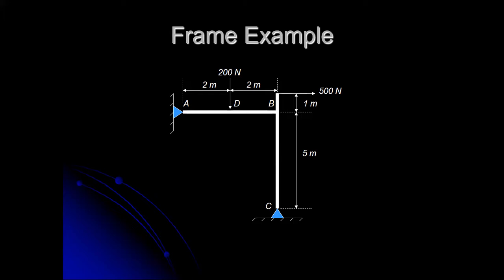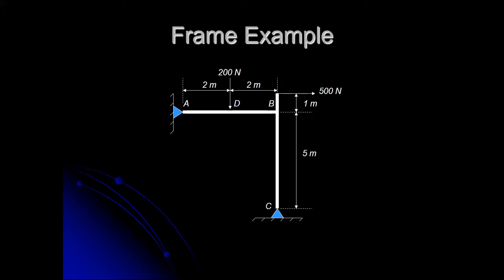In this problem, we have a total of 6 unknowns. 2 unknowns at A, the X and Y direction reactions at A, 2 unknowns at C, the X and Y direction reactions at C, and 2 unknowns at B, those X and Y reactions. Well, each free body diagram gets us 3 unknowns.